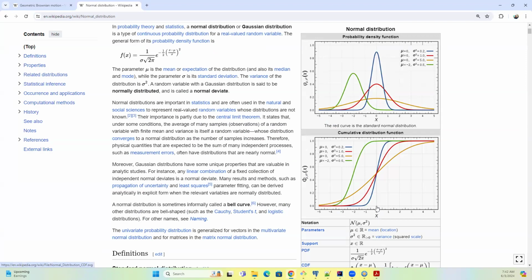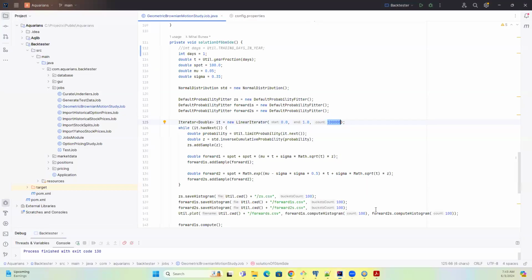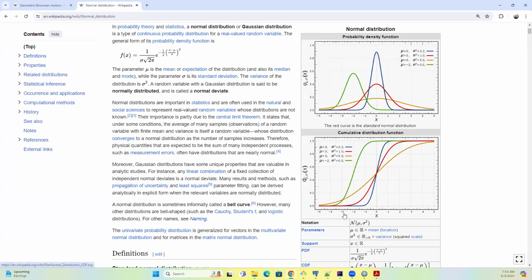Essentially, we have the probability, and now we generate the x. So what is the x which corresponds to a probability of 0? Something around -5. What's the x that corresponds to a probability of 0.5?